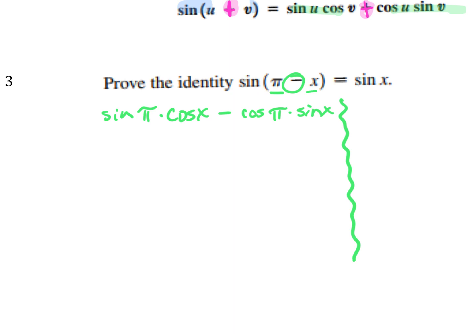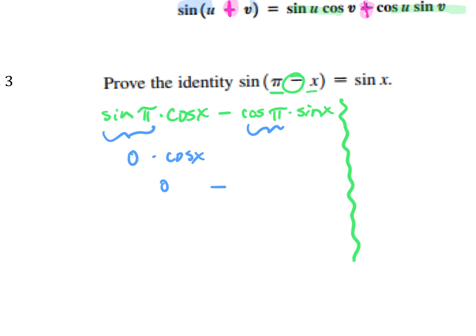If you notice, this one has x's in it, right? There's only a few things we're going to be able to simplify here. We need to figure out what the sine of pi is equal to. If we go to where pi radians is, Cadell, what is the sine? 0. So we get 0 times the cosine of x, which just gives us 0. And then we have minus, Hillary, do you know what the cosine of x is? It doesn't matter.